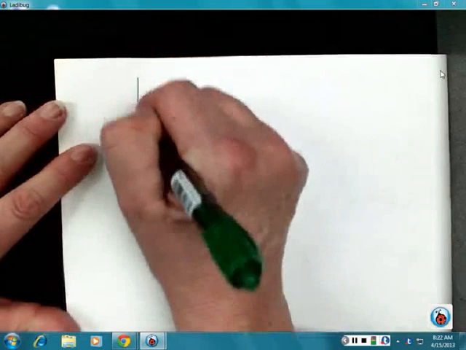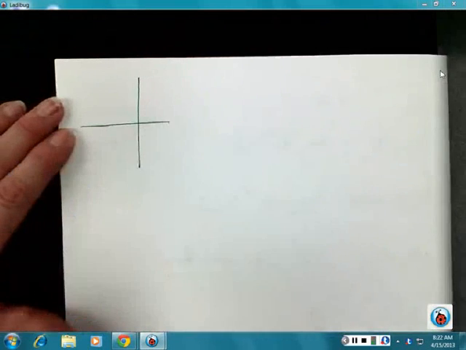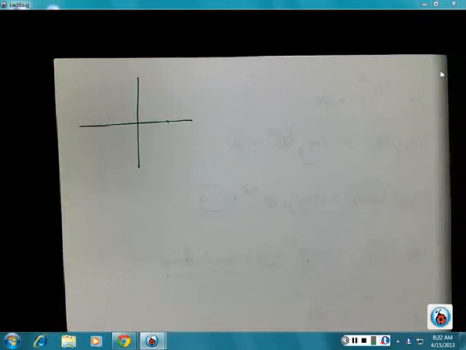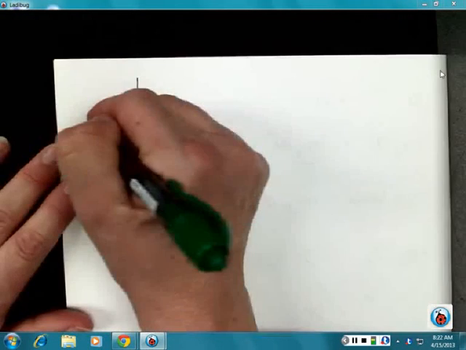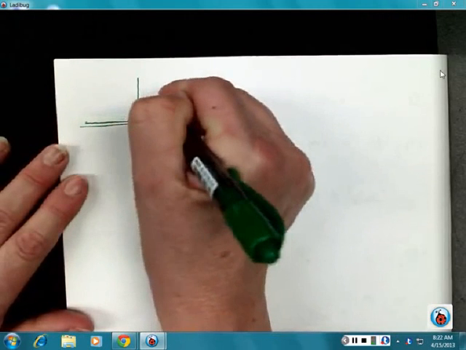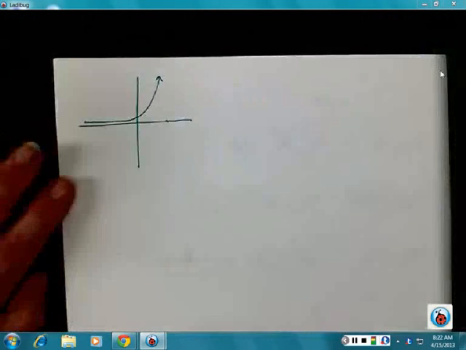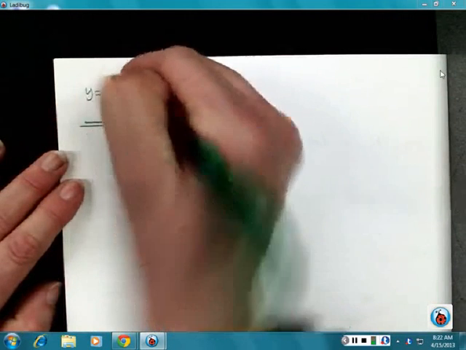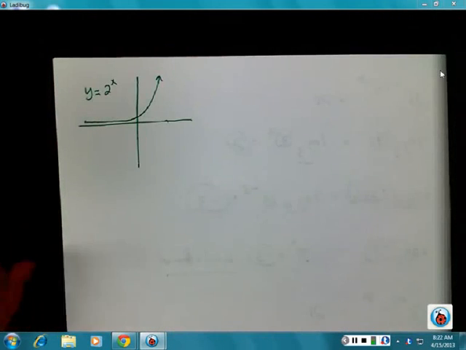Now it does not ask you to do graphing with these, although within the instruct part it does show you a graph of what takes place. Your exponential graph will come up at the top. So if that was y equals 2 to the x power, I would have that format.